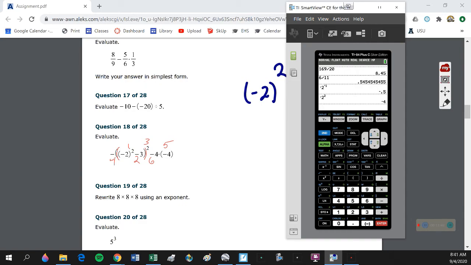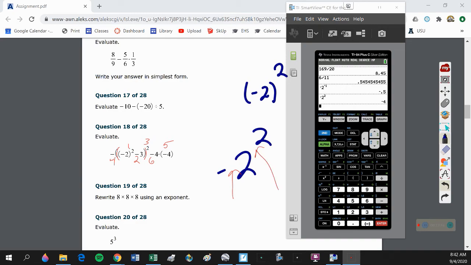Why is that? Well, the calculator doesn't make mistakes. I made a mistake. How did I type it in wrong? You have to put it in parentheses because according to order of operations, -2 squared, what comes first?